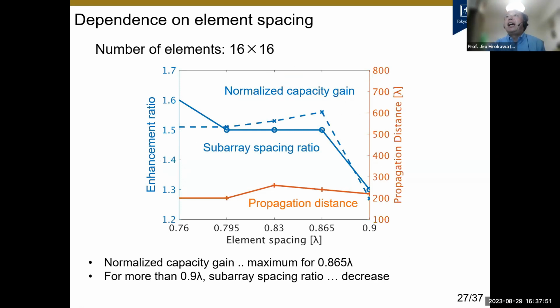This is the dependence on element spacing. Horizontal axis is the element spacing, and the blue vertical line shows the enhancement ratio.